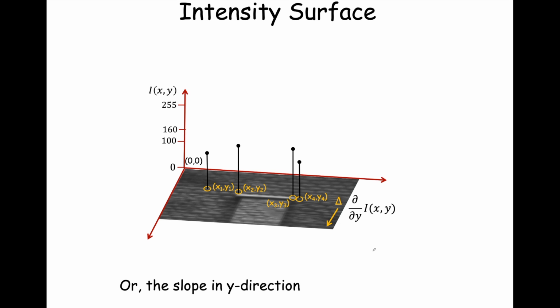And so we can also do the same thing in the y direction. We can compute the local slope as we go in the y direction for one slice of the image, another slice of the image, another scan line, and so forth.